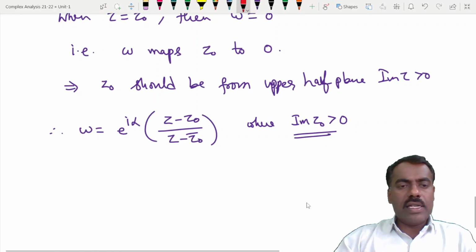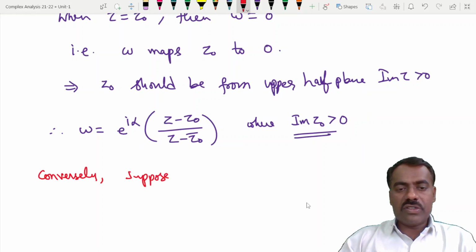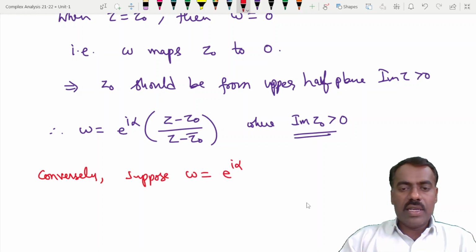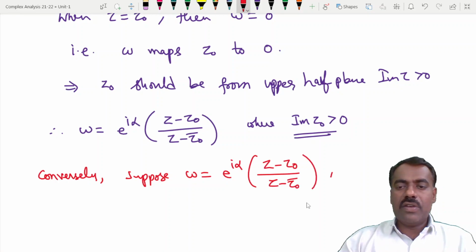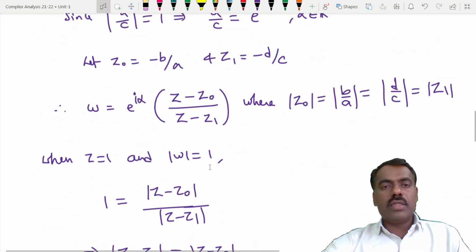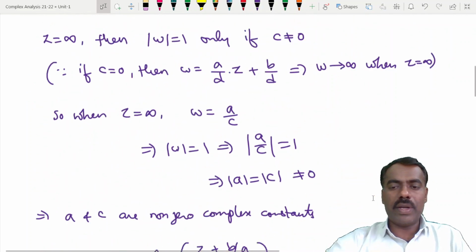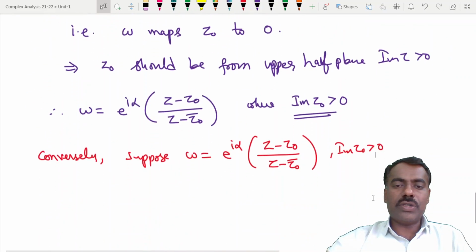We can also show the converse. Suppose we have a linear transformation of this kind, e power i alpha times (z minus z0) upon (z minus z0 bar), where the imaginary part of z0 is greater than 0. Then we can show that under w, the imaginary part of z greater than 0 maps to the interior and the boundary is mapped to the boundary. How can we show this?